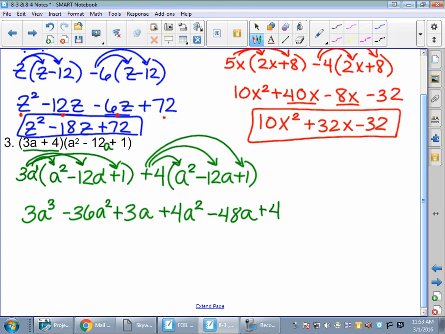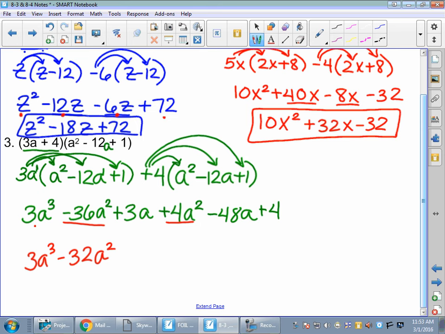Sometimes people forget them. And then I'm going to look through for different patterns. So I see a 3a cubed is all by itself. I do see a negative 36a squared. And then I have 4 more a squareds. So I'm going to rewrite that as 3a cubed. Doesn't combine with anything. Negative 32a squareds.